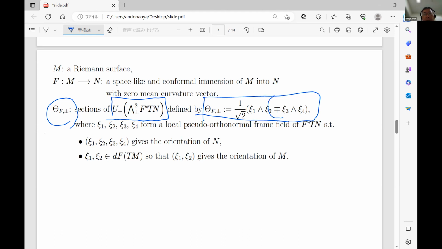And notice that this is a minus plus. We suppose that Xi1, Xi2 are space-like, and Xi3 and Xi4 are time-like.